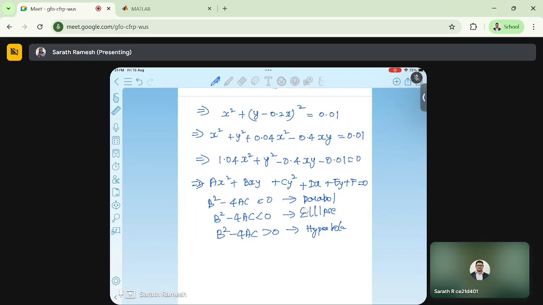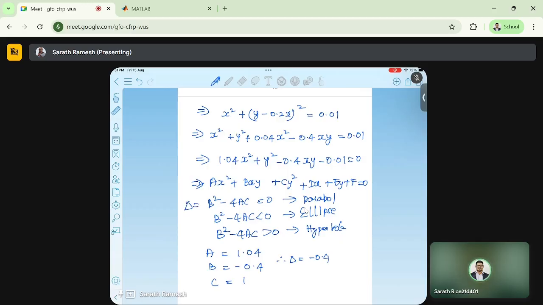So what is b square minus 4ac for our case? a is 1.04, b is minus 0.4, c is 1.